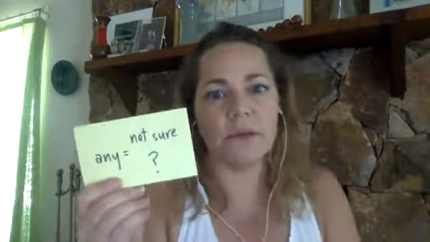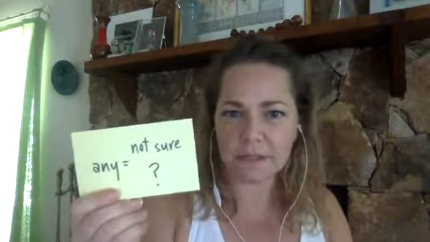And then the last one, again, if you think back to when you learned about countable and uncountable nouns, you also learned about any. And any is probably the most indefinite of all of these indefinite pronouns, because when you talk about every, you know you're talking about all. And when you talk about no, you're talking about none. Some is somewhere in between. But any is like the big question mark. You don't know.